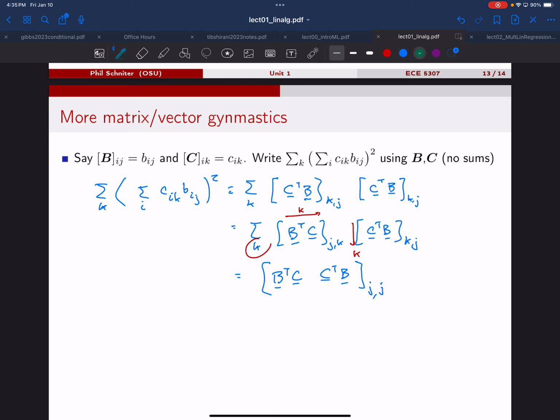The reason I'm extracting the jth row is because here I'm looking at the jth row of this quantity, and the jth column, I'm extracting that because of the j there. And the matrix in the middle is a product B transpose times C transpose times B. So let me just maybe squeeze these together so it's clear that that's a single matrix.